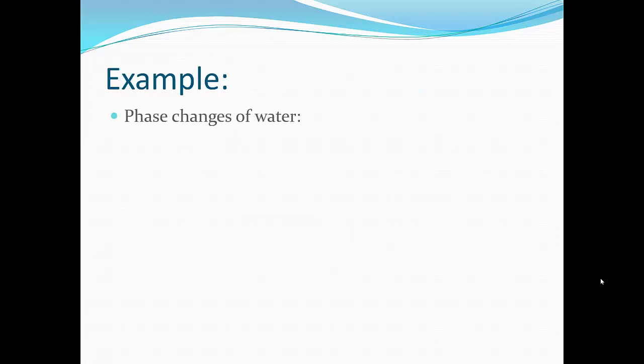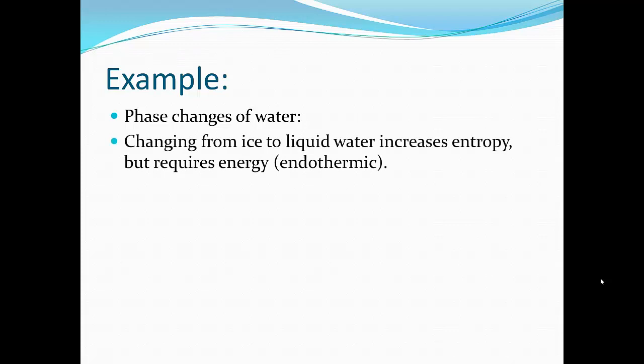For example, when you do a phase change of water, if you're trying to change ice to liquid water, that's an increase in entropy, because you're going from an ice, which is an organized structure, to something that flows, so that shows an increase in the randomness of the particles. But to change ice to liquid water, you need to add energy. It's an endothermic process.